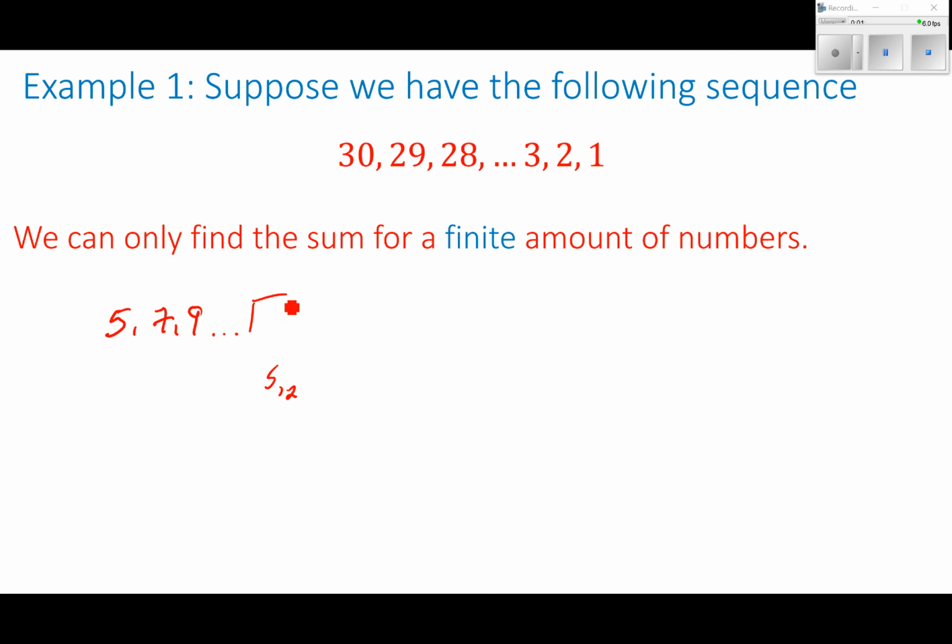So that means I have some number out here that we could denote in our sequence as a sub 12. Remember, this was a sub 1. So even though it has this ... I've classified it as a finite amount of numbers when I say, okay, out to the 12th term. So we can figure it all the way to that 12th term. So we have to identify some sort of an ending term.